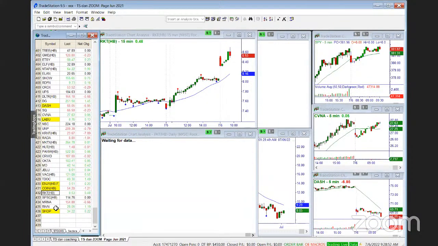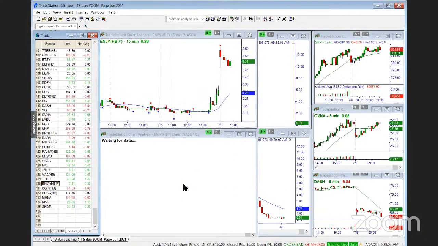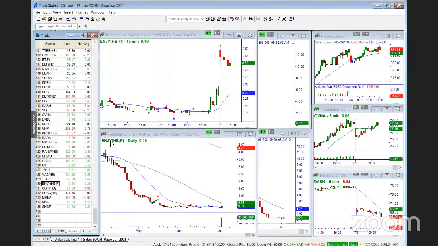Rocket Man, we got an upgrade. Another bottoming pattern. Look at this little guy I saw going by the ticker. Enjoy, ENJY. Look at the volume yesterday on this afternoon breakout.